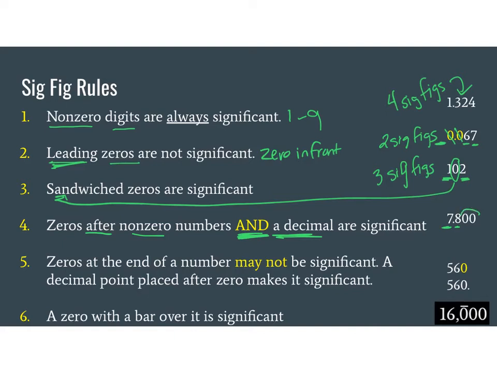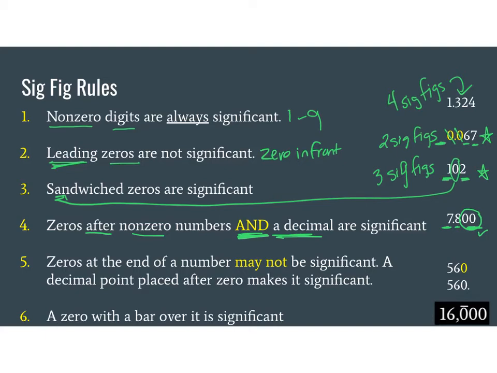So now it's these pesky zeros. As we saw from Rule 2, sometimes they're not significant, but Rule 3 said that sometimes they are. The big factors here: first, does our 0 have a non-zero number in front of it? Are these zeros after a non-zero digit? Yes, they are.